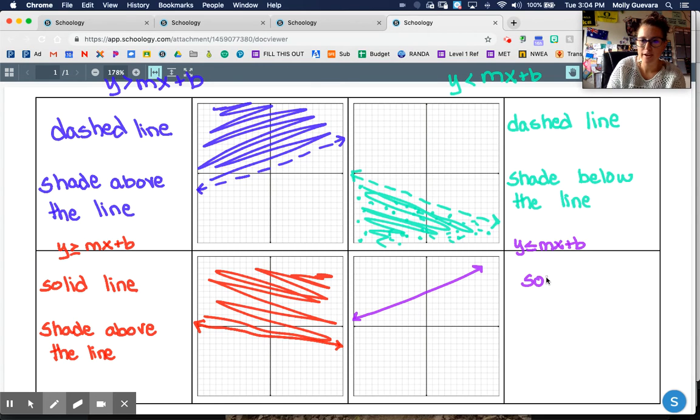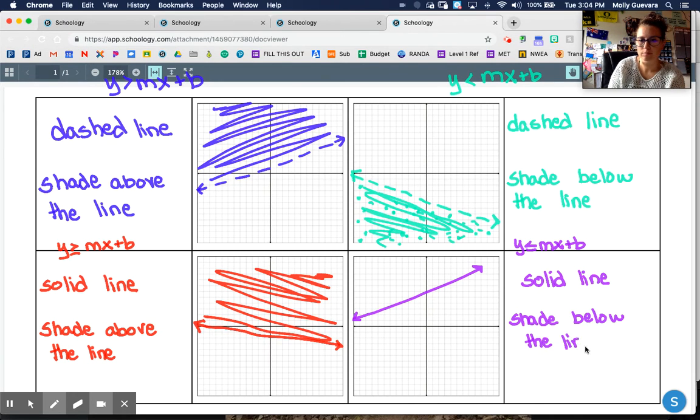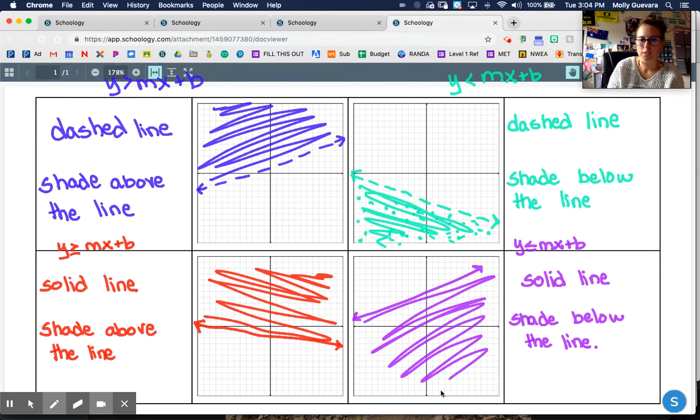So again, this graph is going to be a solid line. And because I want all y values less than the line, we're going to shade below the line. Shade below the line. So our shading is coming down here. So again, any point in this shaded area works. So there's infinitely many points that work.